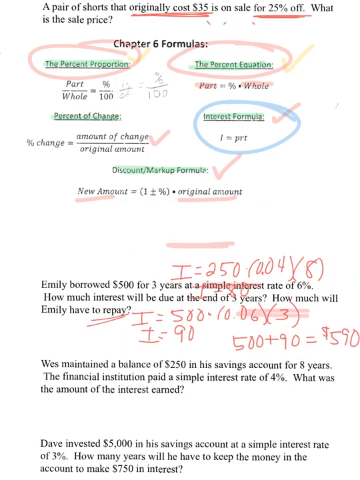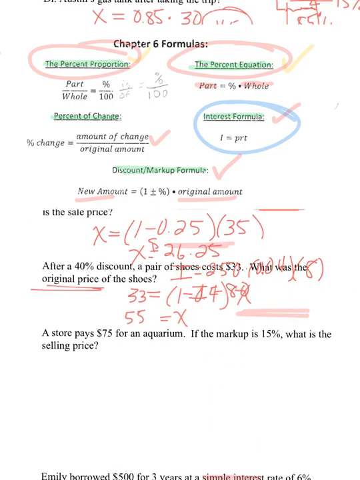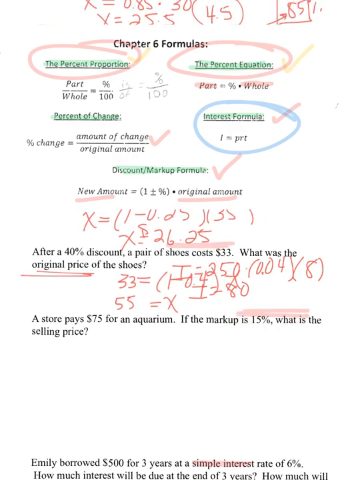In this one, we didn't do this one, but it says a store pays $75 for an aquarium. If the markup is 15%, what is the selling price? Well, that's your discount markup formula right there. You're looking for that selling price.